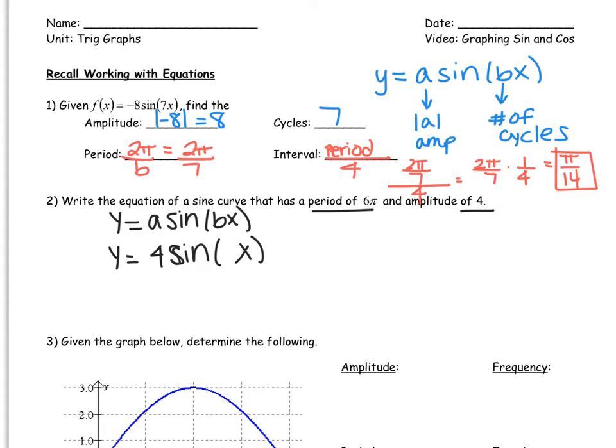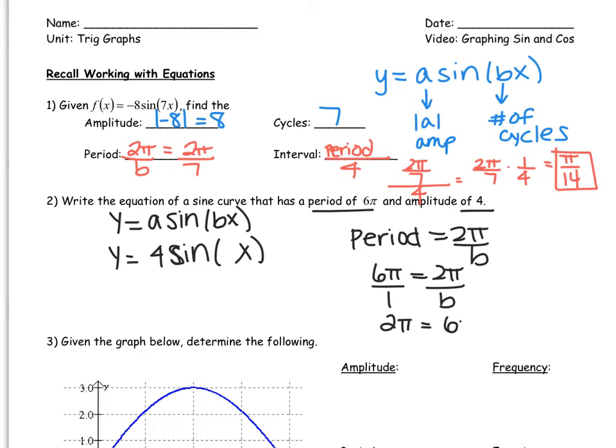So we can have a sine, and then we need b times something. So we know that we have a period of 6 pi. So what do we know about the period formula? We know that period is equal to 2 pi over b, where b is the number of cycles. So I'm going to substitute the period to be 6 pi equals 2 pi over b. We could put this over 1 and cross multiply.